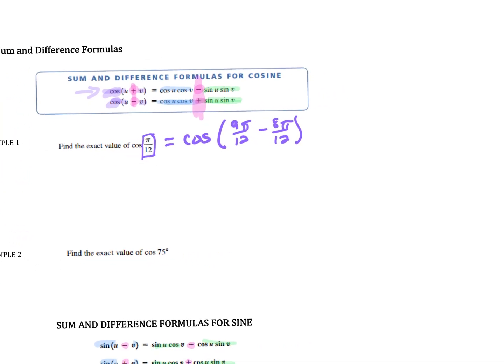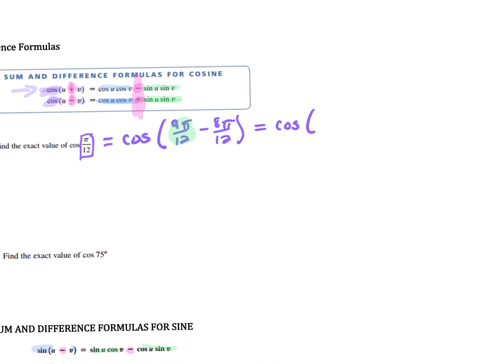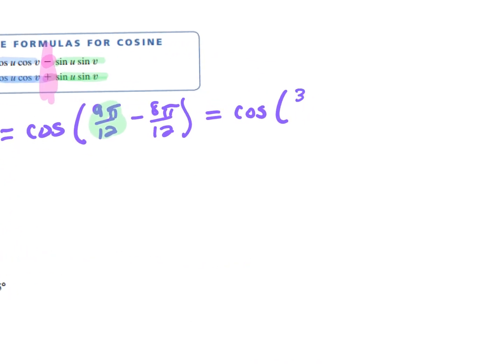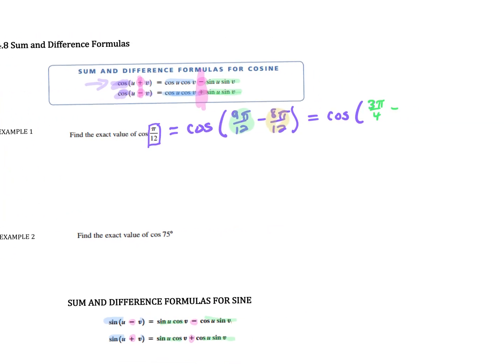So I'm going to do one other step. This is equal to the cosine of 9 pi over 12, which is 3 pi over 4, and then minus 8 pi over 12, which is 2 pi over 3.